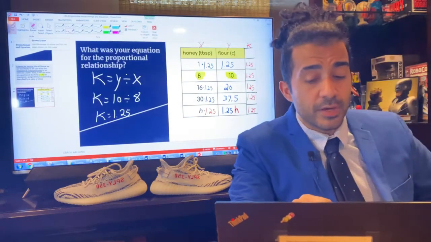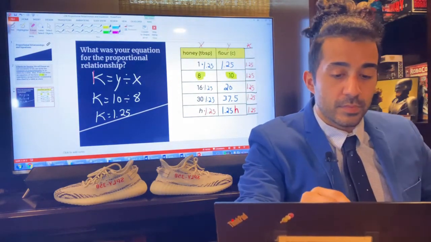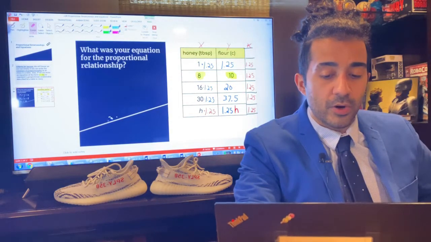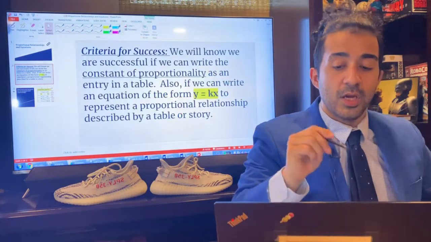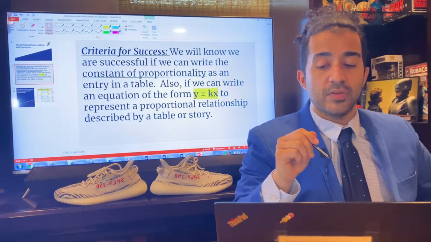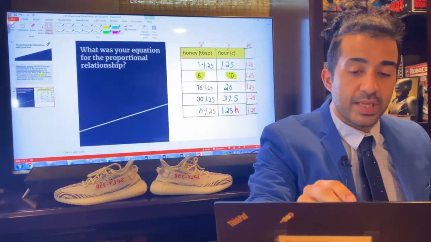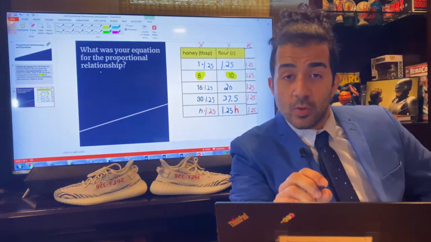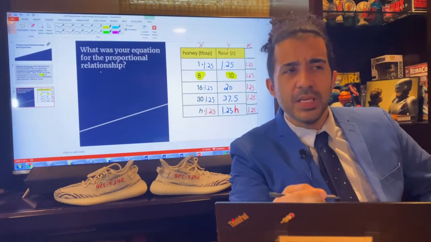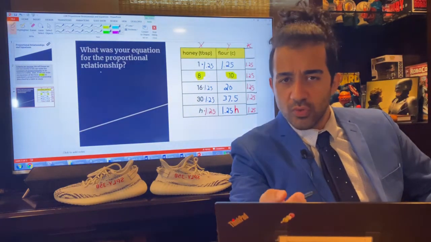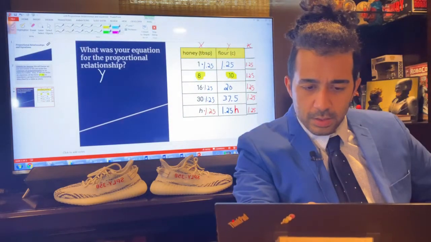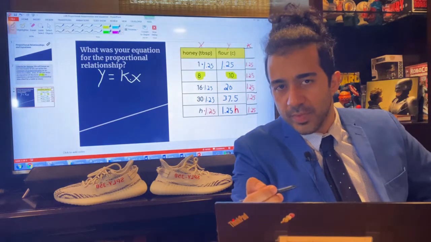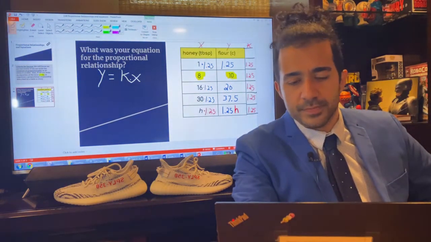I'm going to erase over here because we're going to touch on our second part of our criteria for success, going back here, which was to write an equation in the form of y equals kx. What does that mean? I'm going to start again. If you're asked to write an equation, just as a piece of advice, you just write out y equals kx. Doesn't hurt. It's a nice reminder, like your own personal reference.